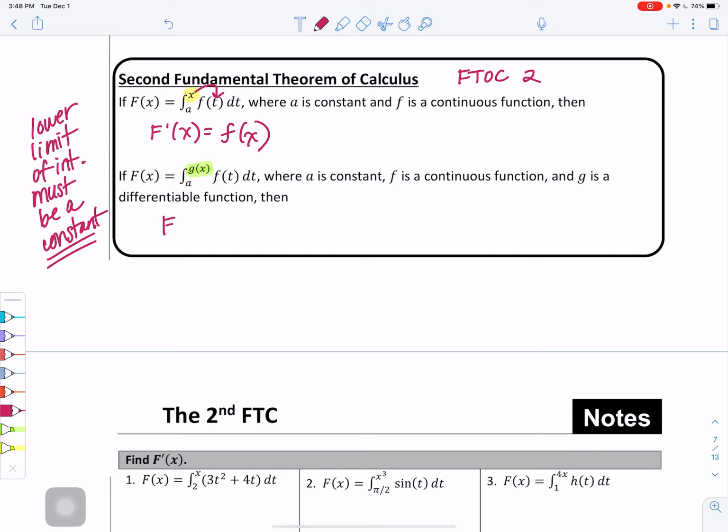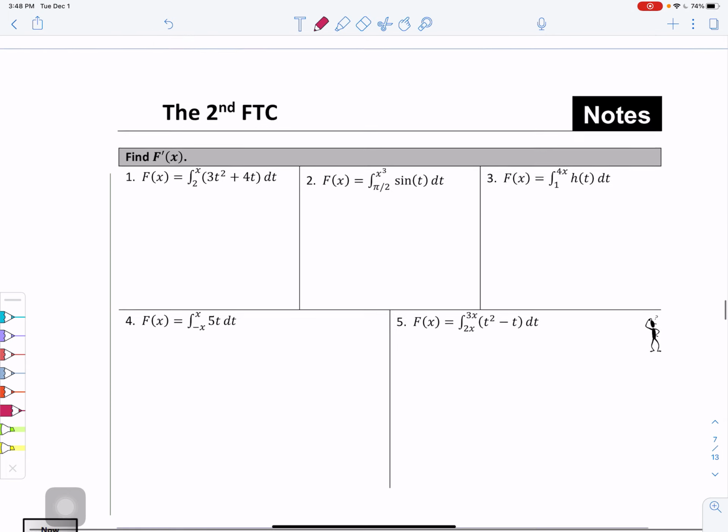Now, the derivative of capital F of x is equal to f of g of x. So you're going to put all of that function into f multiplied by the derivative of g. Okay, let's jump right in and learn while we're working.